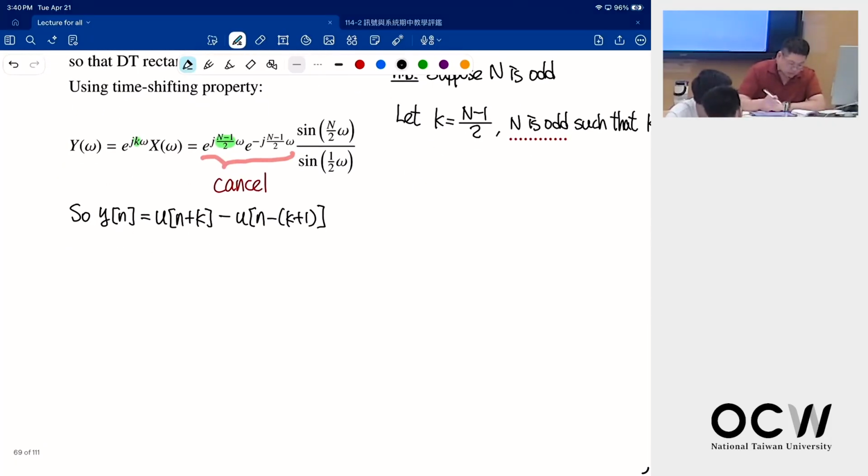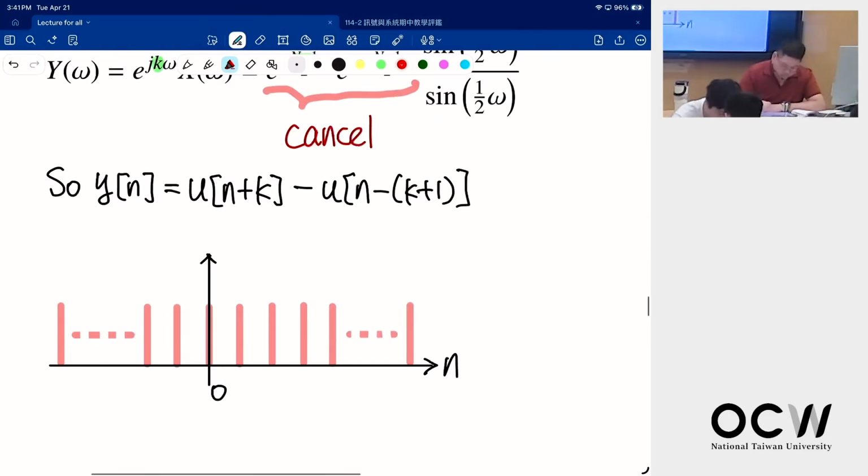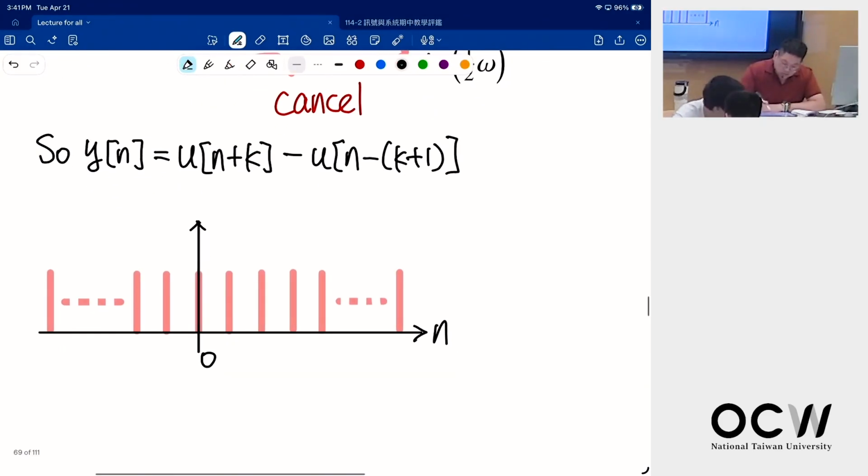Let's plot the signal y. So if I have a discrete time rectangular pulse centered at 0, this is 0. Okay, so here it's 0, 1, 2, 3, minus 1, minus 2, till k, here minus k.